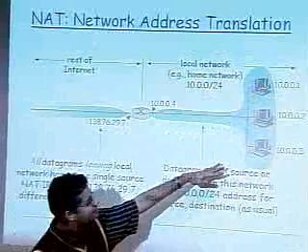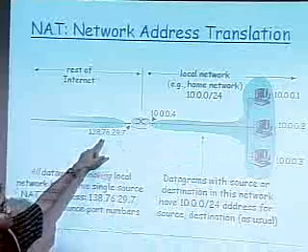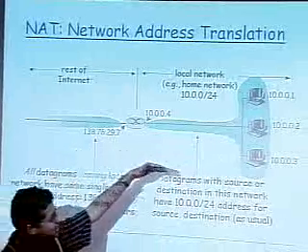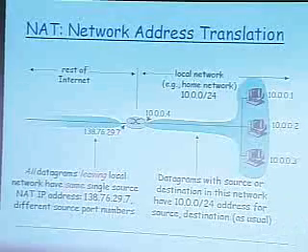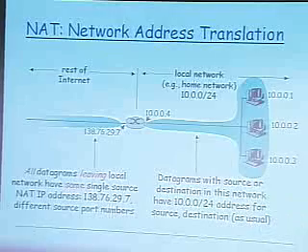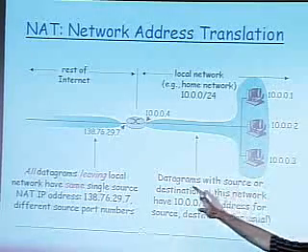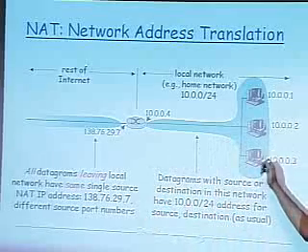So you have a number of different hosts. All of them will share a single public IPv4 address. Internally, they'll have different IPv4 addresses, but the IPv4 addresses that exist behind a NAT are all private addresses.